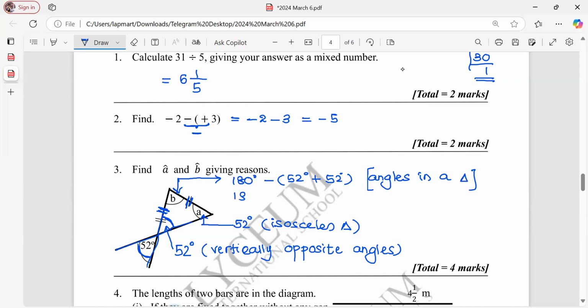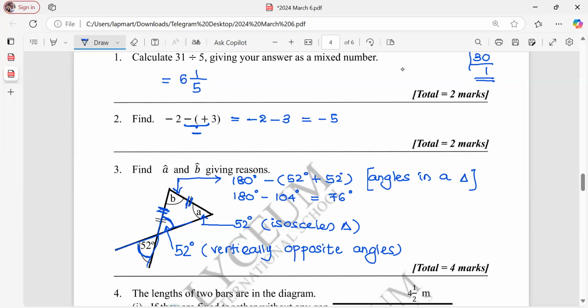So then 180 minus 104. Okay, right. So then the answer is 180 minus 104, the answer is 76. So then B is equal to 76. First, we found this unknown angle that I put an arrow on, 52, because of the vertically opposite angle.